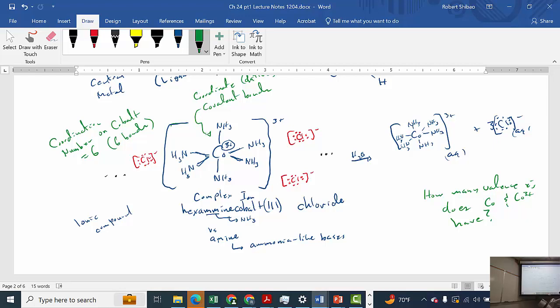Well, let's look at the electron configuration for cobalt. The electron configuration for cobalt is going to be argon 4s2 3d, 1, 2, 3, 4, 5, 6, 7, 3d7. Is that right? Yeah. 4s2, 3d7. Yeah, that's right. How many valence electrons is that?